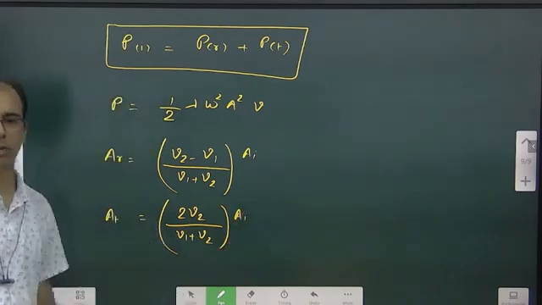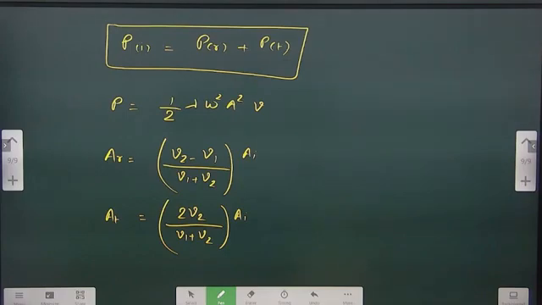Okay, note this formula, then you solve a question on that.